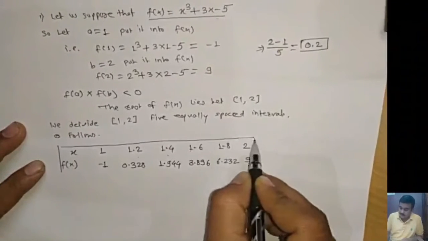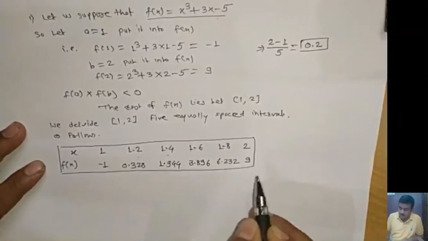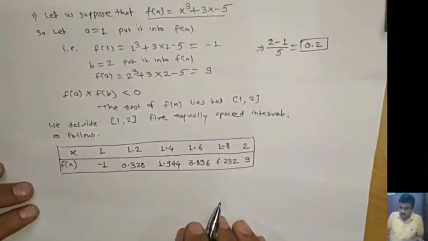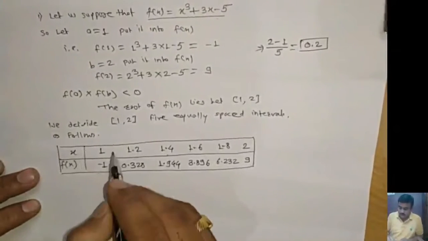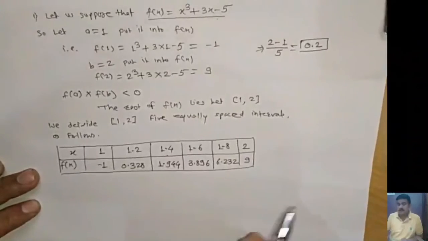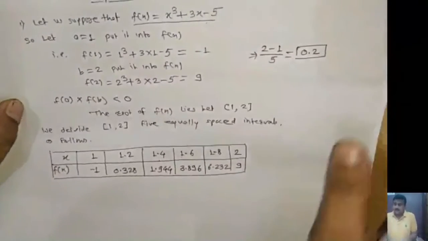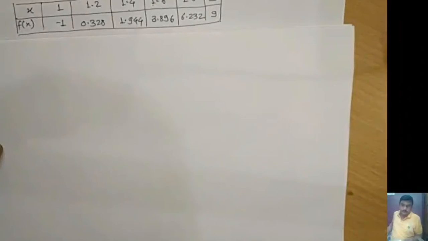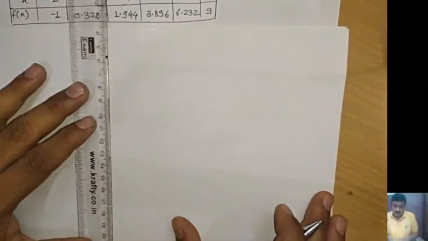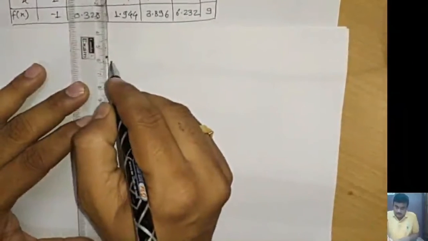Now with the help of these data points, we plot a graph, and on the basis of that graph we calculate the value of the root of the equation. So we plot the graph.